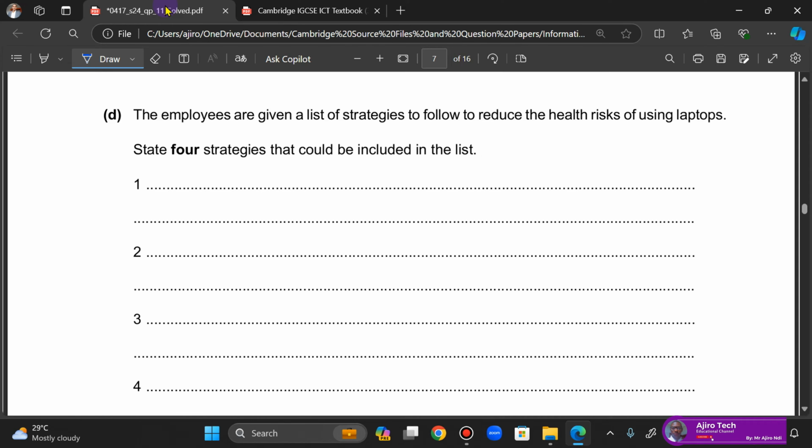So one way to reduce this, this is going to be chapter 5, the effects of using IT, could be the use of a wrist rest.